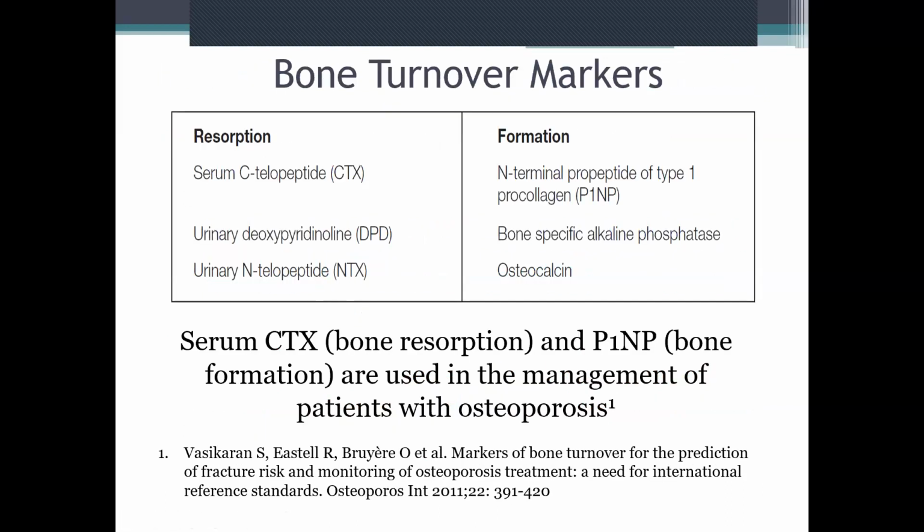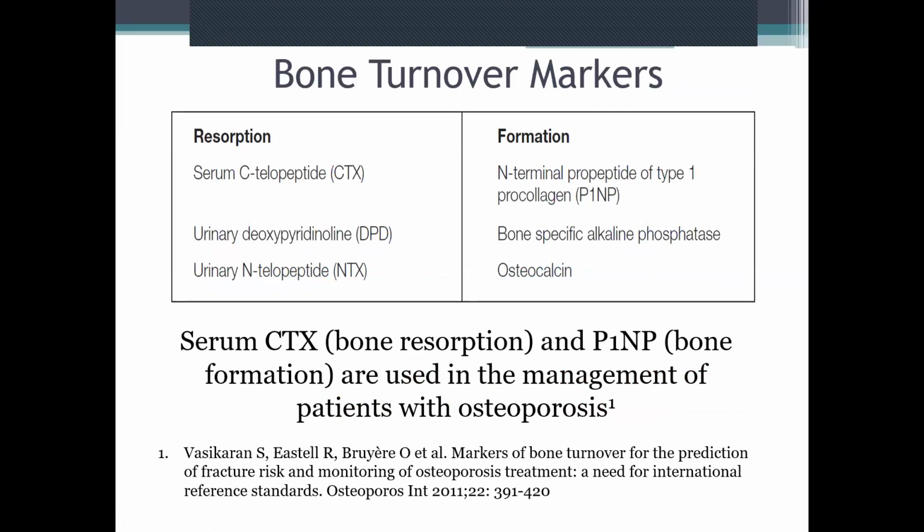And how do we utilize bone turnover markers in clinical practice? I notice some doctors routinely measure the bone turnover markers. At diagnosis, there is no reason to measure them. We actually use them more to monitor therapy. And again, it depends on what treatment your patient is on.